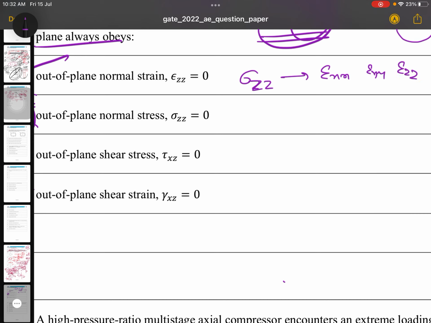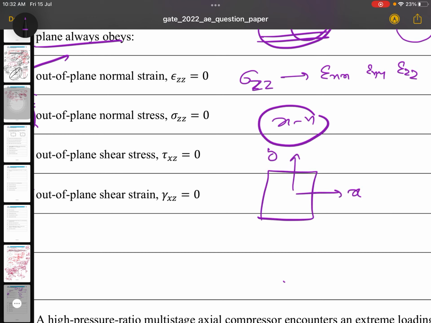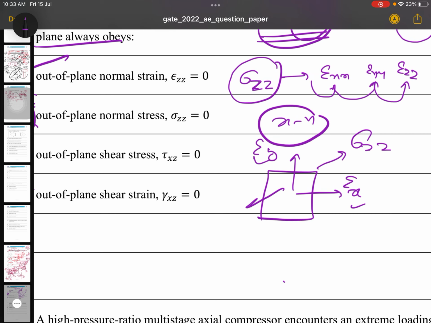It means, if you target the xy plane, suppose this is your x direction and this is your y direction, so in the x direction you have epsilon x strain and epsilon y strain in the y direction. Because of these two, you will also get stress thickness-wise, sigma zz. How? Because the sigma zz formula you have is in terms of epsilon xx, epsilon yy and epsilon zz. So the point is, even though this one is 0, these two will be responsible for producing sigma zz. This is the key point, right?